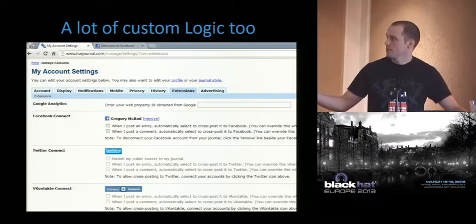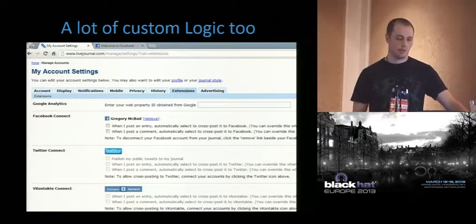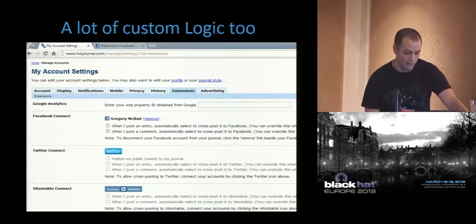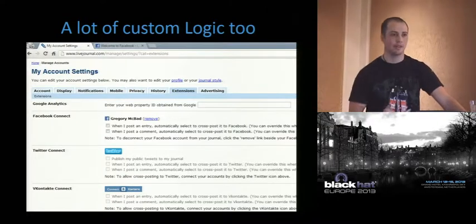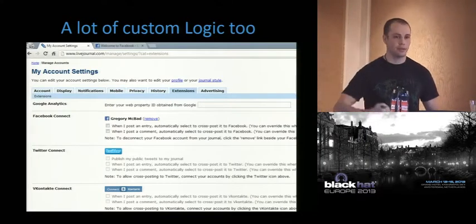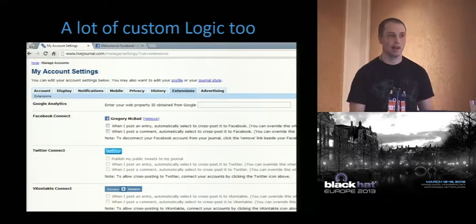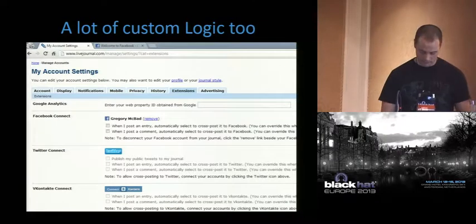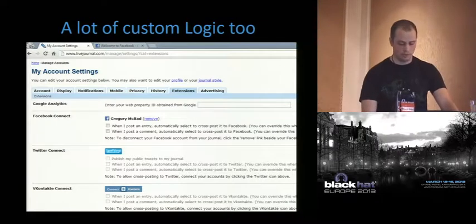If you have a LiveJournal account, they use OAuth, and it says when I post an entry, automatically post it to Facebook. So if I associate my attacker Facebook with that, then maybe if it's a private LiveJournal, it posts all the stuff to me. And so that's still bad. It's not as bad as completely taking over someone's account, but it's still a bug if it has CSRF in it.